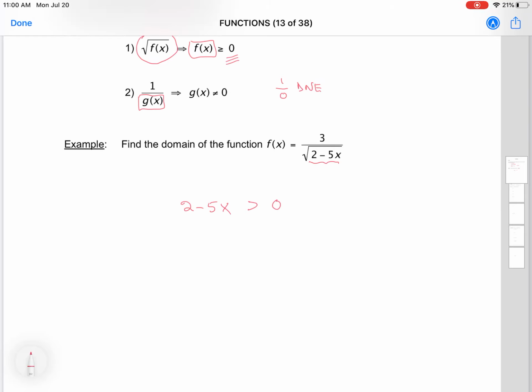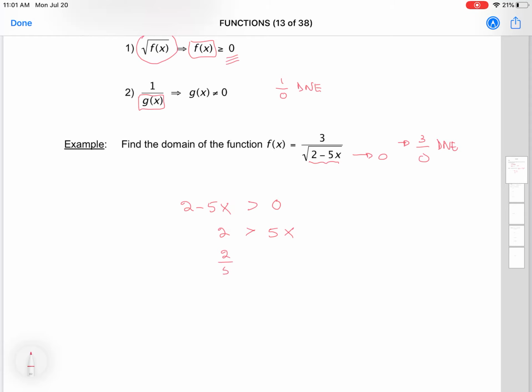So 2 minus 5x has got to be greater than 0, and it can't be greater than or equal to 0, because if this guy were 0, then this would actually be 3 over 0, which does not exist. So I can't have the denominator be 0. That's the only restriction that I need to find the domain of my function.